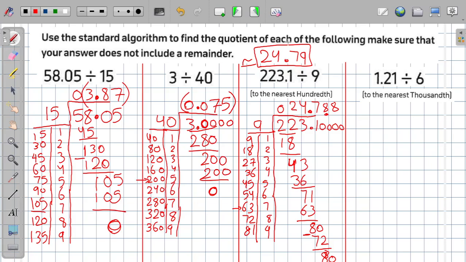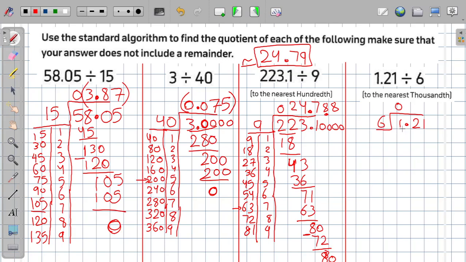Next I have 1.21 divided by 6, and again, he wants me to round the answer to the nearest thousandth. So let's try to get the answer. So I have 1.21 divided by 6. 1 divided by 6 equals what? Equals 0 because 1 is less than 6.